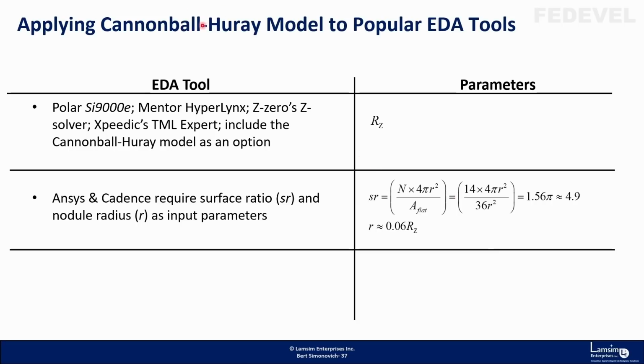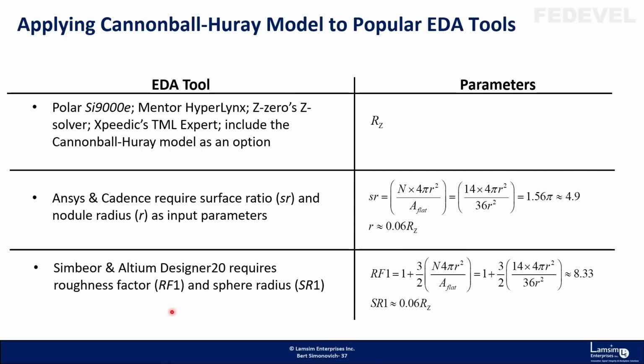Because it's 14 balls, it ends up being a constant. It'll always be 4.9. So for these tools, for SR, you use 4.9. And then they ask for the radius of the sphere, and you simply approximate it as 0.06 Rz. So again, if you know Rz, you use 0.06 times that number in the tool. Okay.